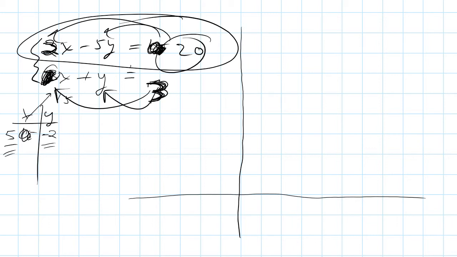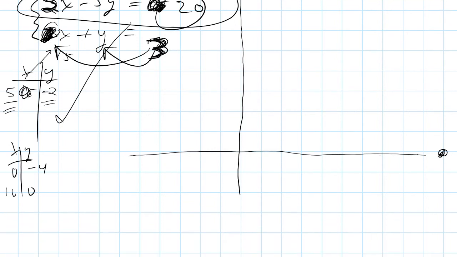So, the first one, when x is 0, y is negative 4. When y is 0, x is 10. So I graph 10, 0, and 0, negative 4.